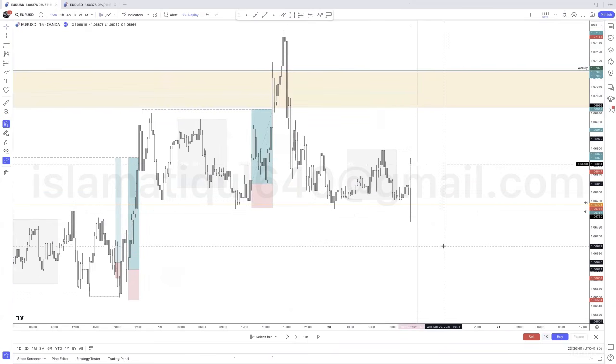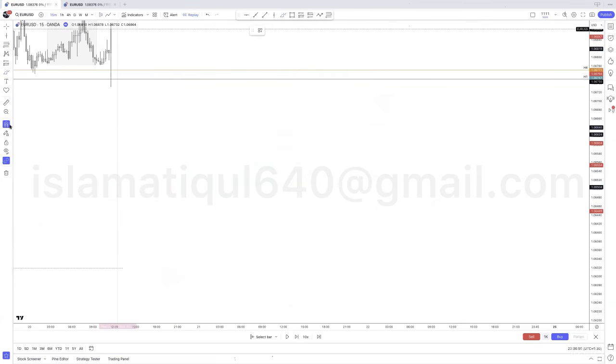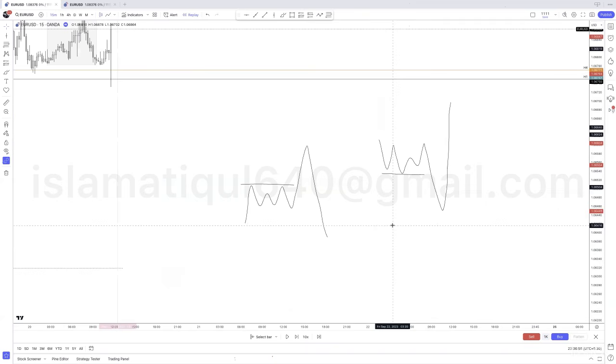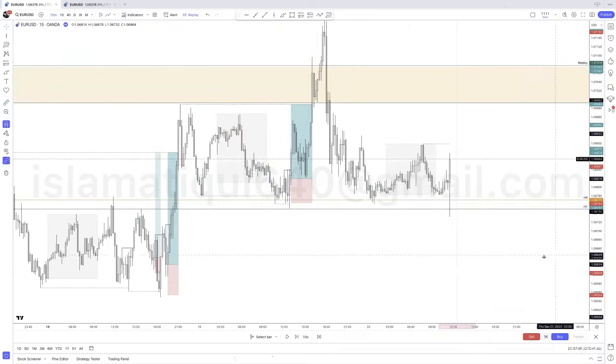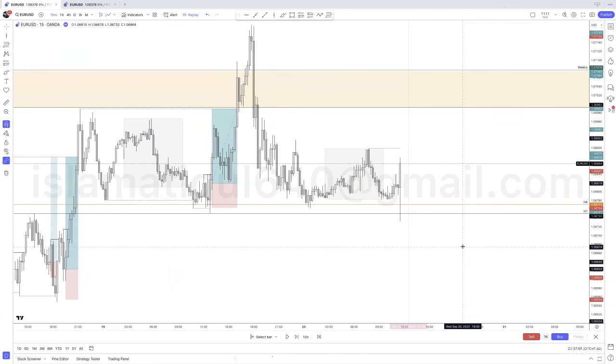Now once again with this setup, Asia and then the manipulation, Asia and then the manipulation, this is really good because you can even go against the trend with it and get like a 1:3. You can really do that, but make sure you master it, otherwise don't go against the trend. But yeah, see, this was a clean setup. Let's see what they're going to do.